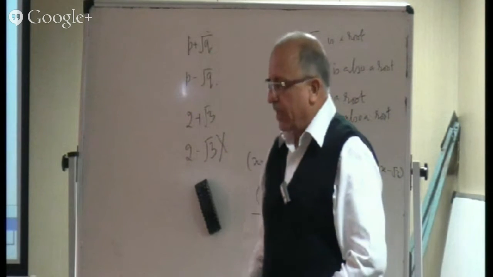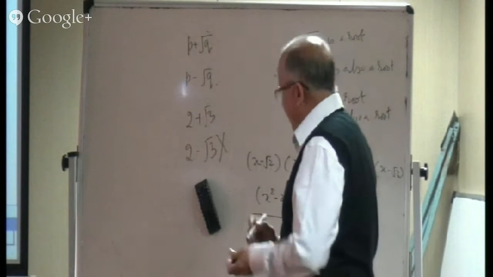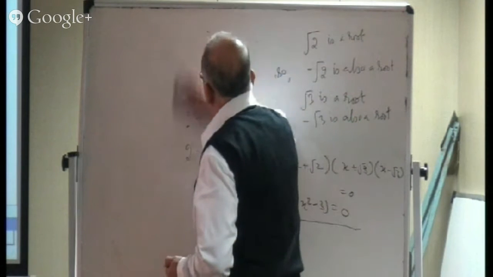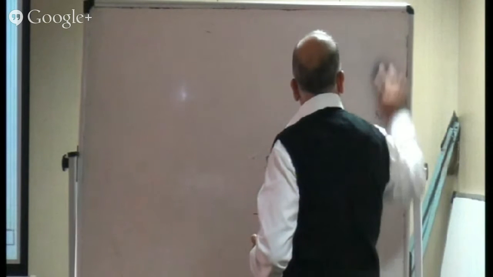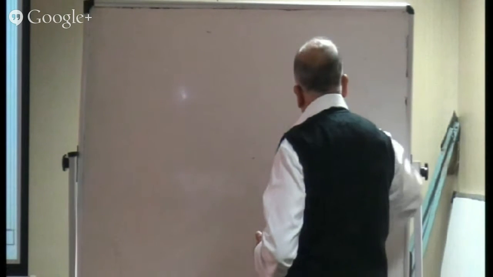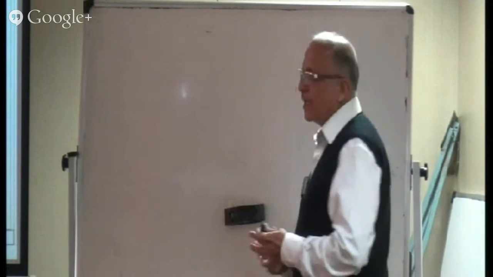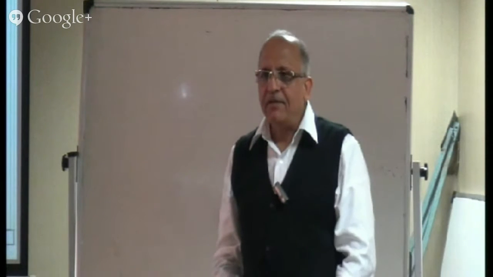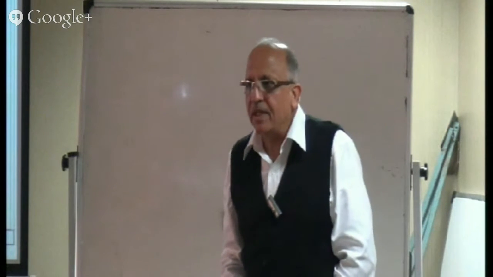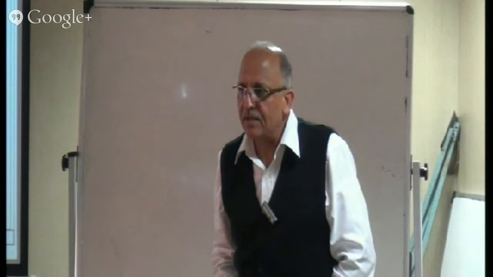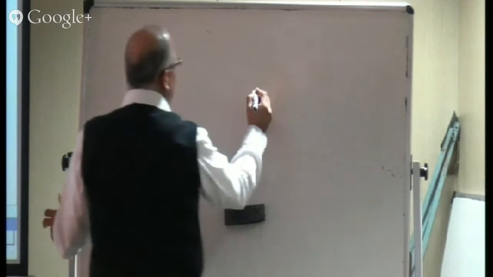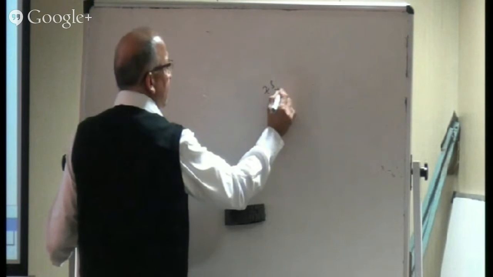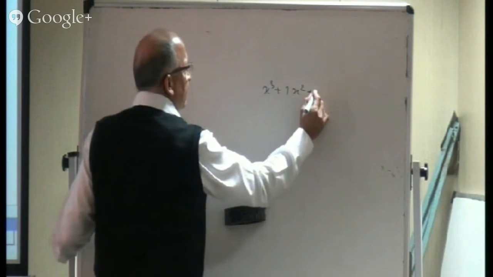Now, let us at this juncture talk about polynomials and expressions, and let us see how many roots an equation can have. There is a standard result. Mind it, whenever I am talking of an equation here, I am talking of polynomial equations. You understand what a polynomial is? A polynomial is an expression like this: x cubed plus 7x square plus 5.